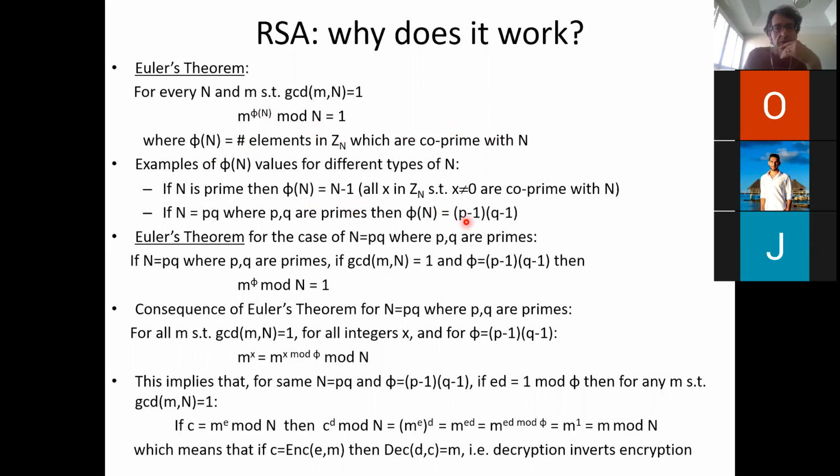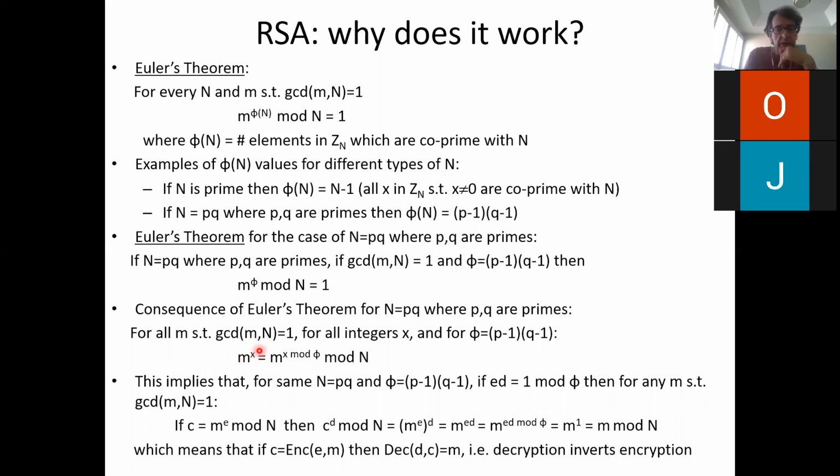So for the case of RSA moduli, it's this number. And the consequence of Euler's theorem is that if you exponentiate m to something, call it x, you only need to exponentiate with x mod phi, because m to the phi is as if it's m to the 0, because it's a 1. I think in the online lecture I'm actually explaining this fact a little more.